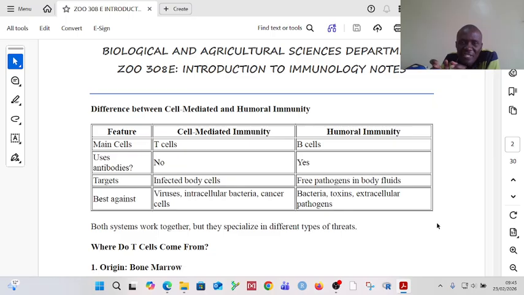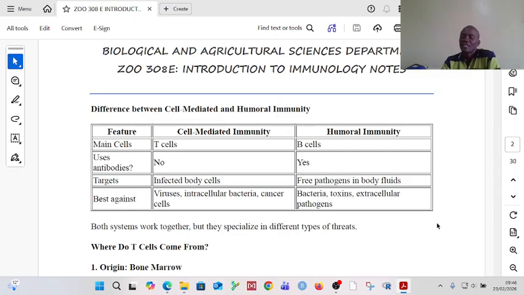The only difference is that they have specialized in different types of threats. Cell-mediated immunity looks at the inside of cells. Humoral immunity looks at the fluid that is circulating within the body. So they are looking for pathogens, but at different places within the body.